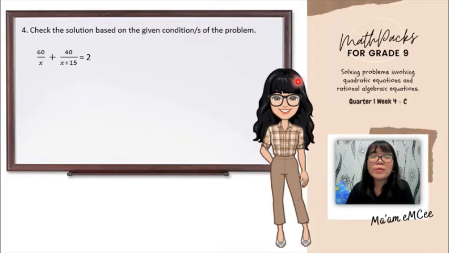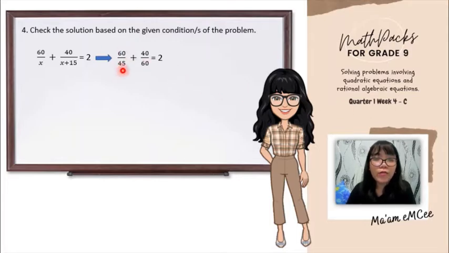We then substitute our solutions. We have 45 for the x, and then x plus 15 we have 60. So we substitute. Titignan natin if the left side of the equation will be equal to the right side of the equation. So 60 over 45, because we have replaced x by 45, and then 40 over x plus 15, which is 60, should be equal to 2.